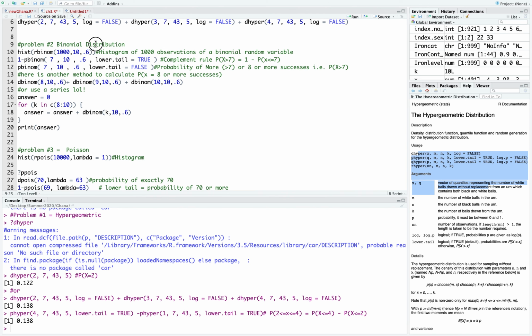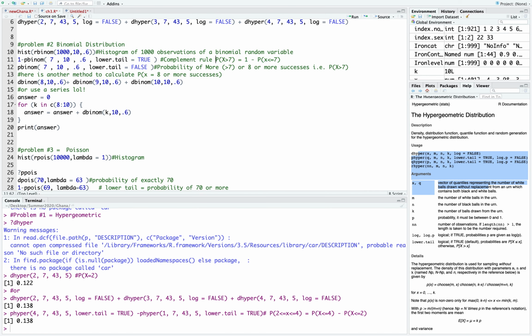And it says problem 2, this is for the binomial. And here, this p binomial, that's the probability of 7 or less. So 1 minus that is the complement rule. So right, probability x is bigger than 7 is 1 minus probability x is less than or equal to 7.